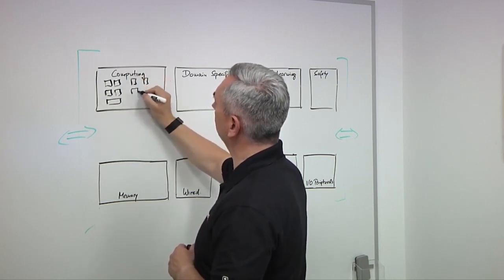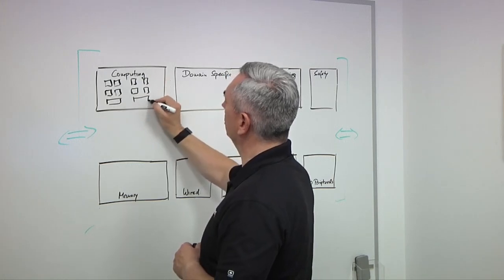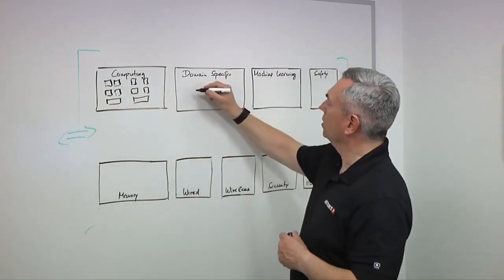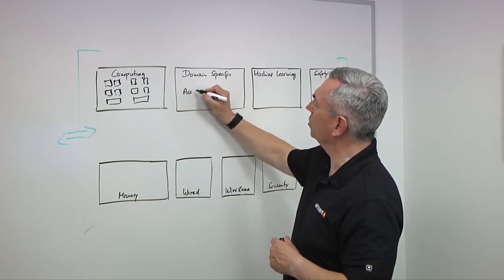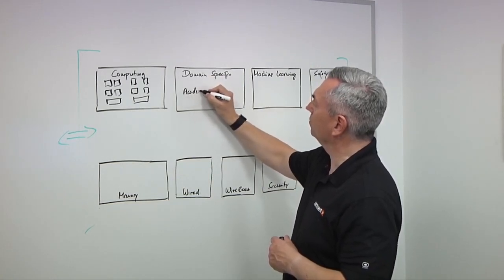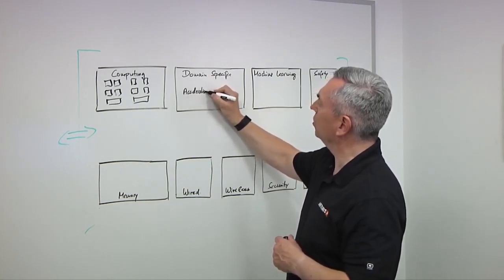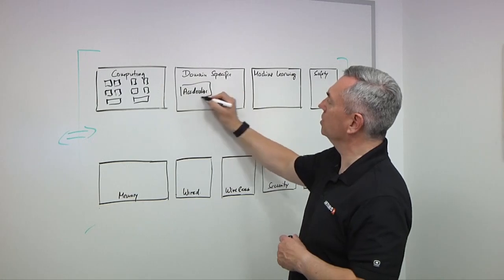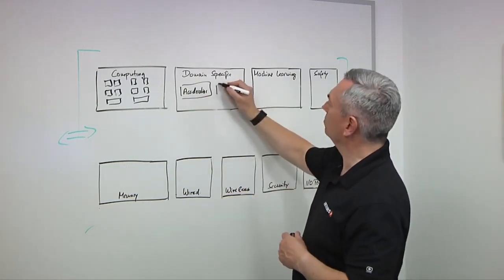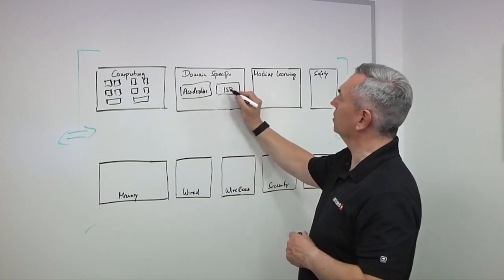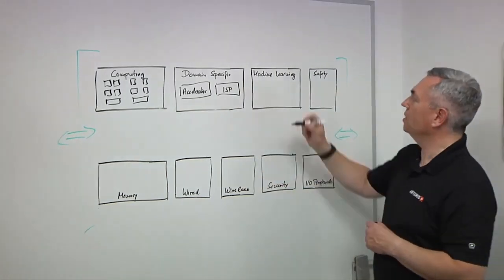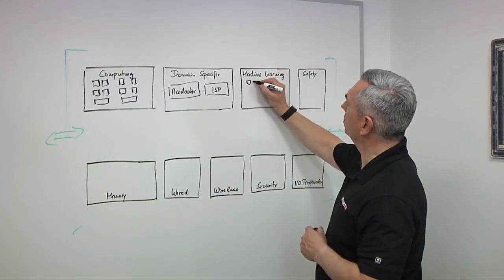So I'm drawing two clusters here for this, right? Then you have some domain specific accelerators going on here, accelerating functionality. That's often kind of a secret sauce of things. And you have, let's say, some image processing going on with ISPs. You have a machine learning subsystem.